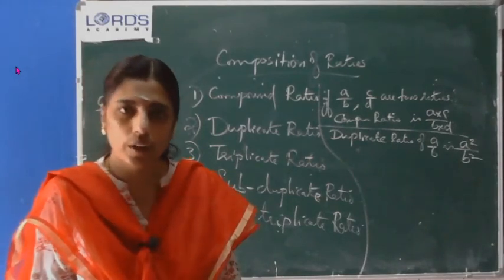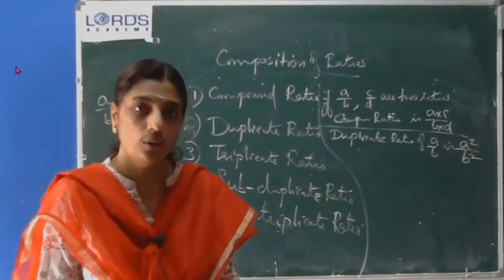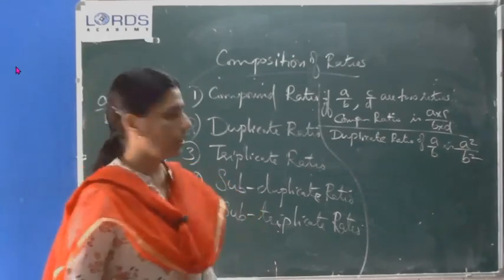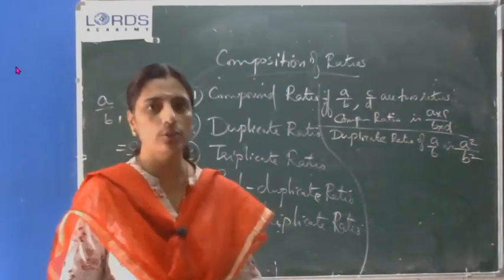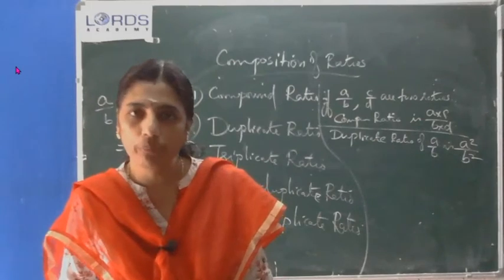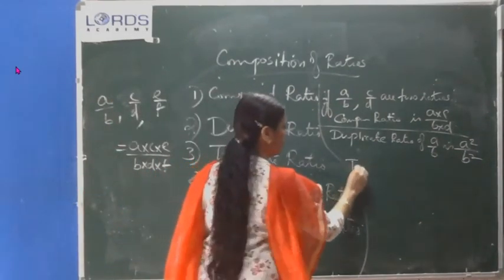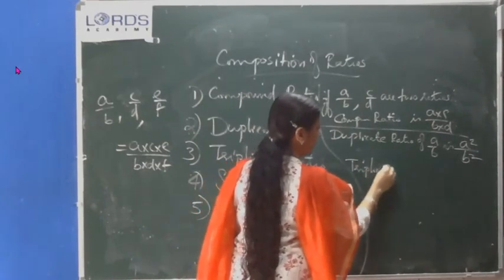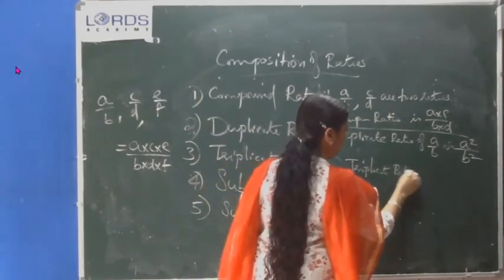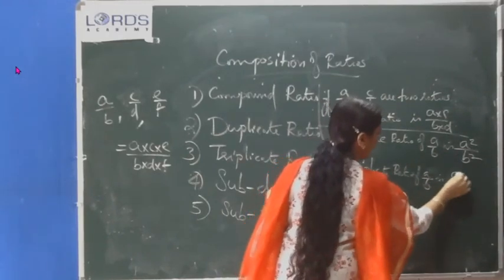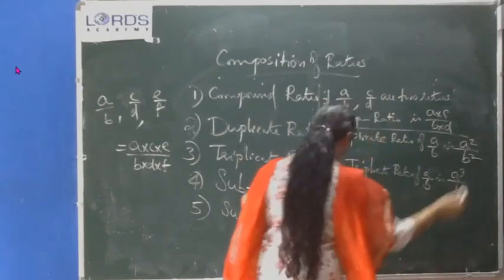The new ratio you get is known as the duplicate ratio. So duplicate means we have to square both numerator and denominator. Triplicate means you have to find the cube of both numerator and denominator. So triplicate ratio of A by B is A cube by B cube.